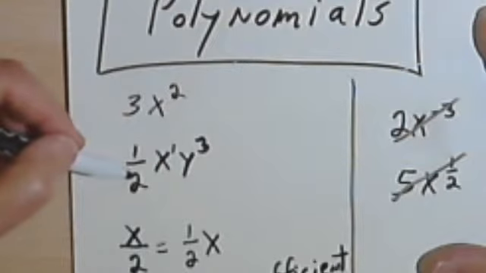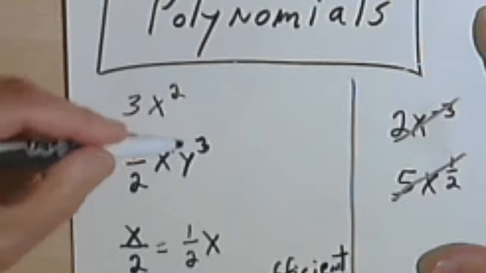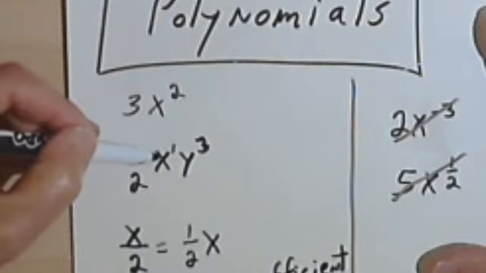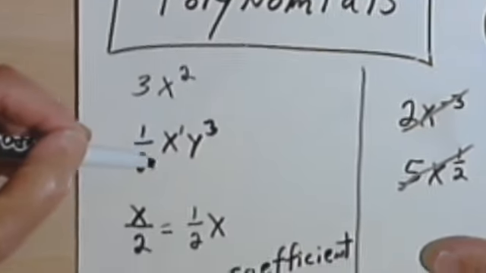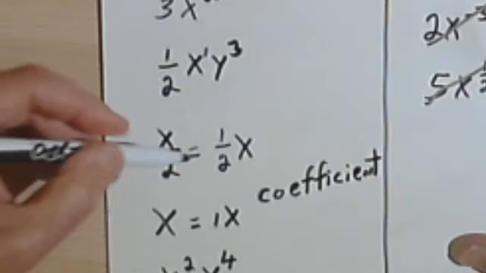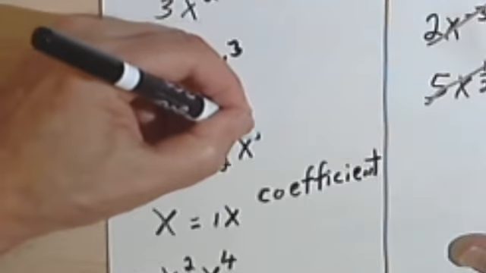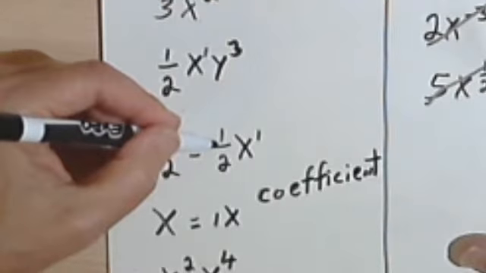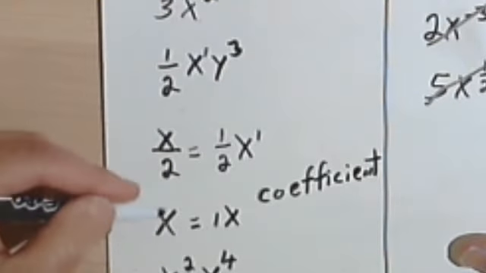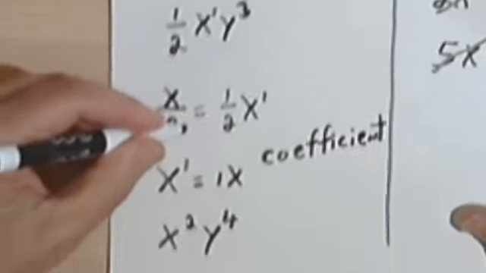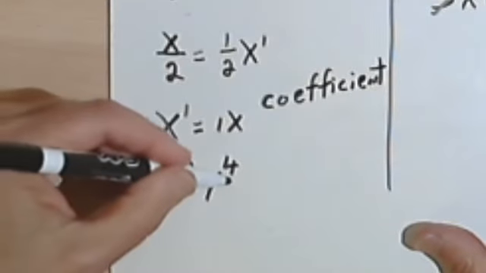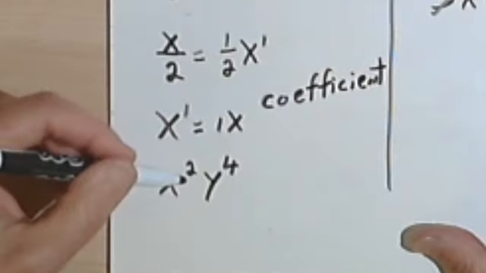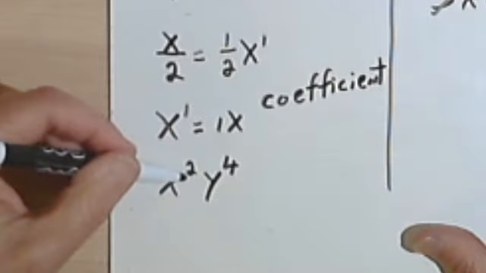So this is 1/2 x y to the third, adding the 1 and the 3, this is a fourth degree monomial. X over 2, or 1/2 x, since the exponent is really a 1, is a first degree monomial. X is a first degree monomial. X squared y to the fourth, adding the 2 and the 4 together, is a sixth degree monomial.